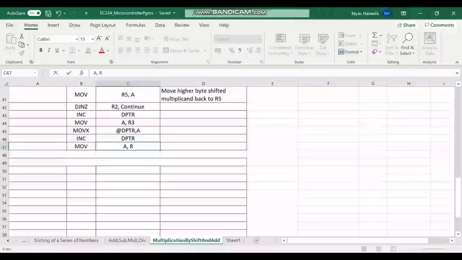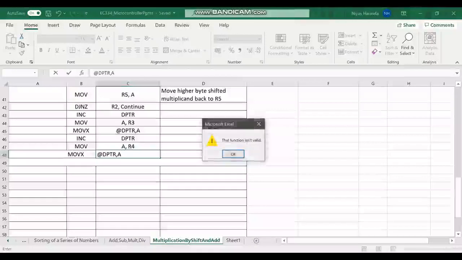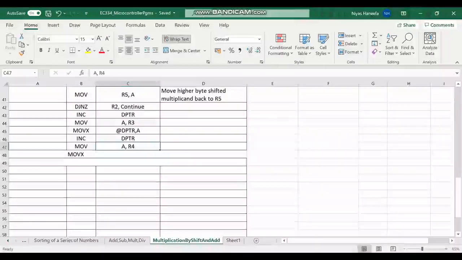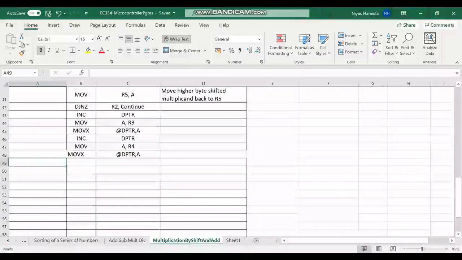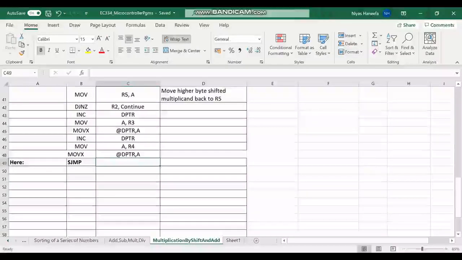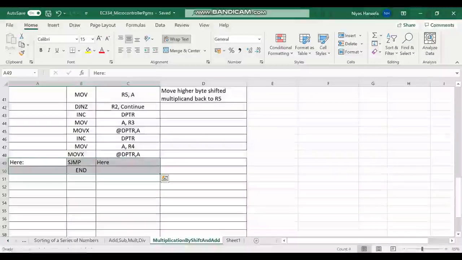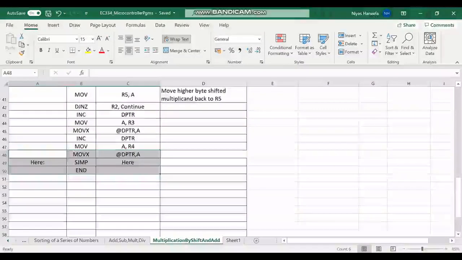Move A comma R4, MOVX @DPTR comma A. Then we'll stop the program here. Let's jump to here. End of the program. So the program is finished.